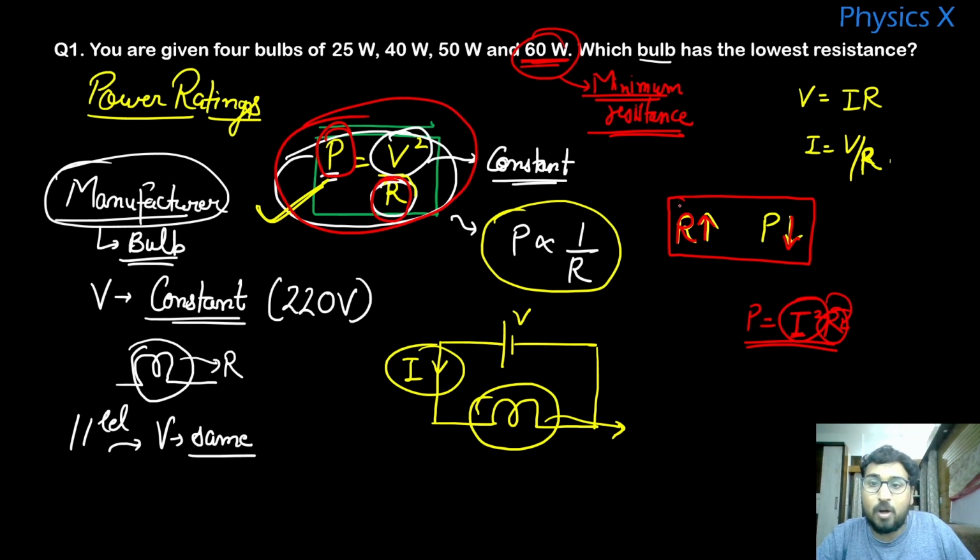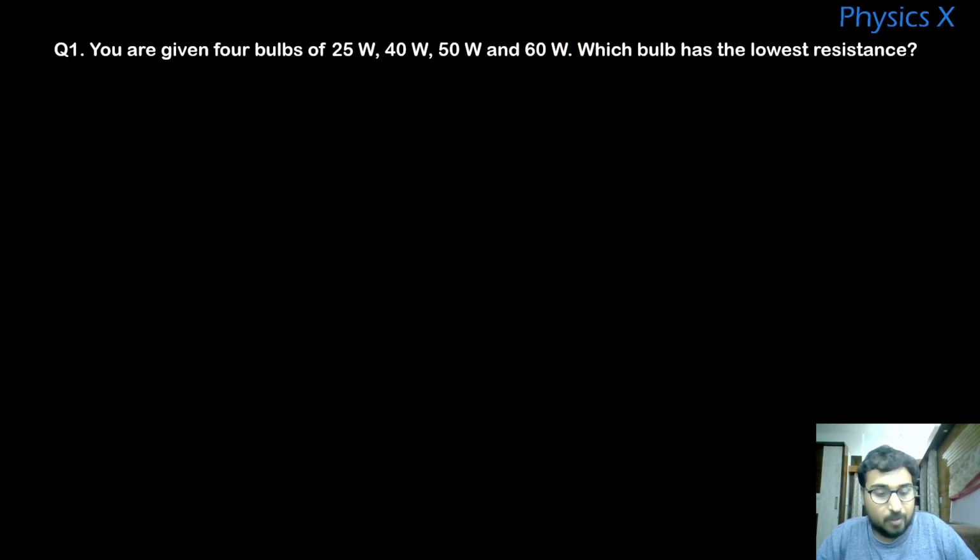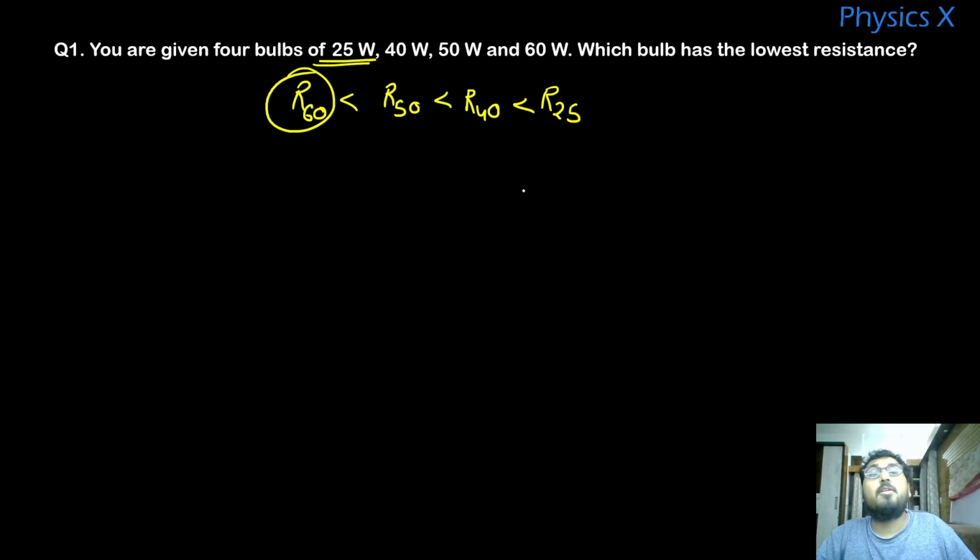So that is why, for the 60 watt, let me use some values, the resistance of this 60 ohm will be the lowest, and the 50 ohm will be more than this, and then the 40 ohm will be more, and the maximum resistance will be of the least power rating, which is your 25.